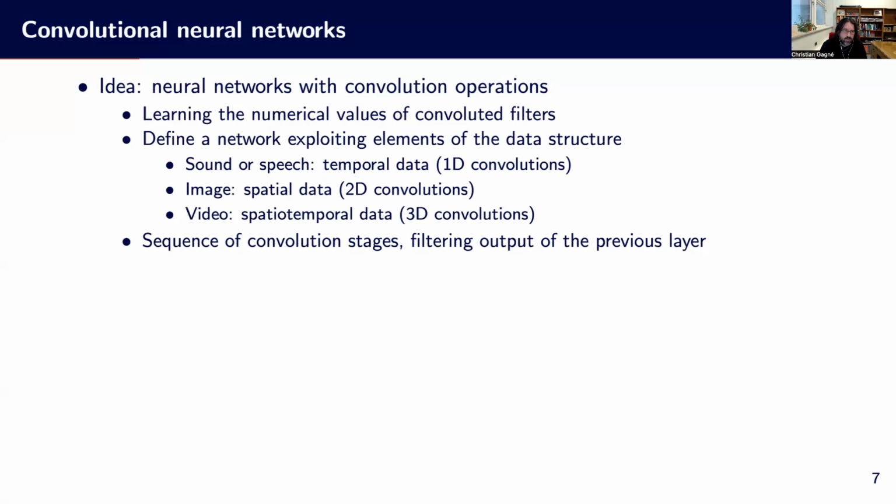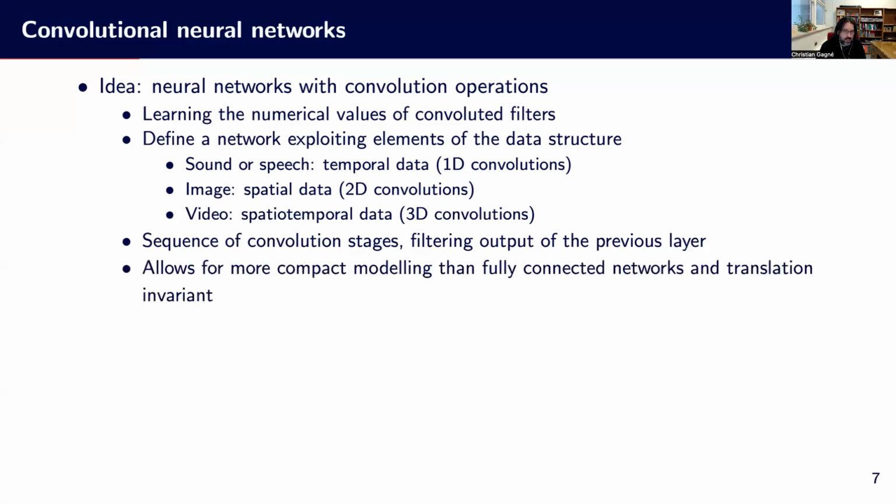So we need to somehow filter the results and compress them into something that is manageable for the other layers. And we also have transfer functions and other elements. So basically, it's a really neat way to model the processing in a neural network with convolutions. And it allows a much more compact modeling than fully connected networks like the usual multi-layer perceptrons.